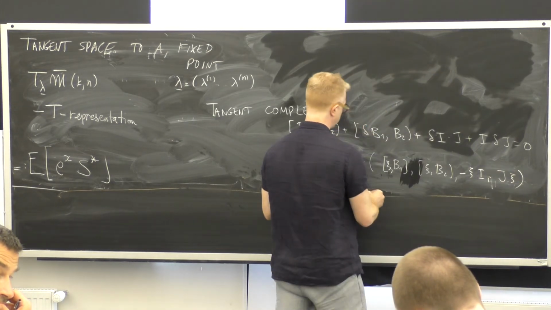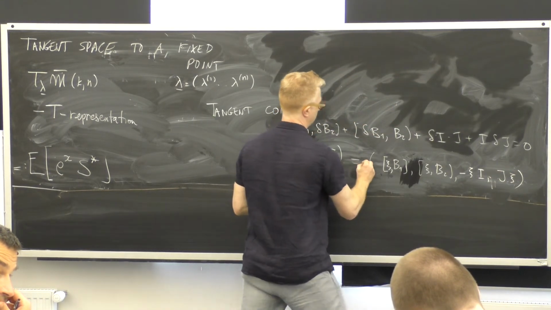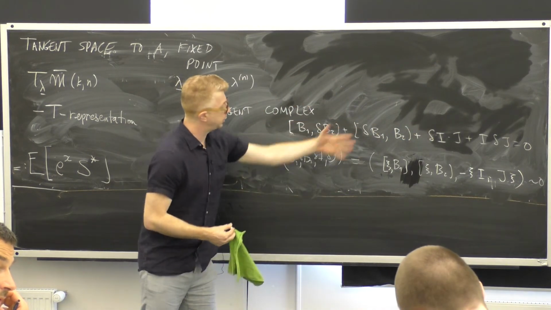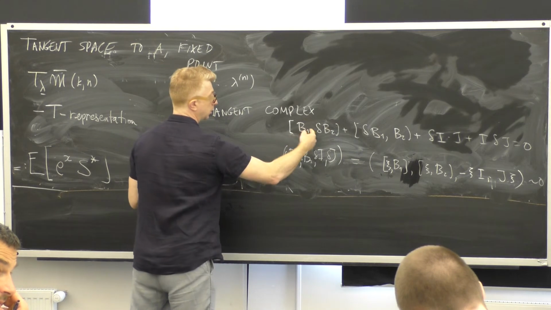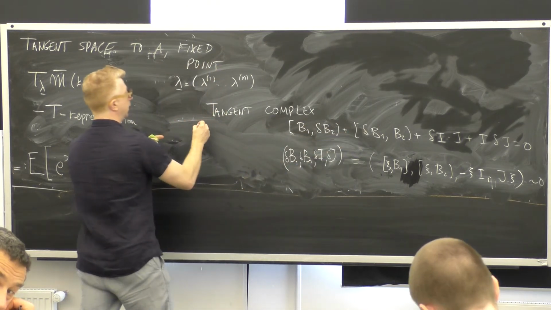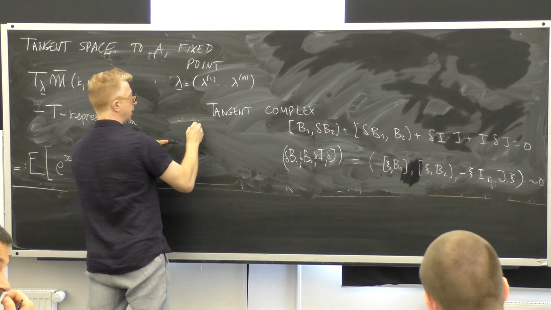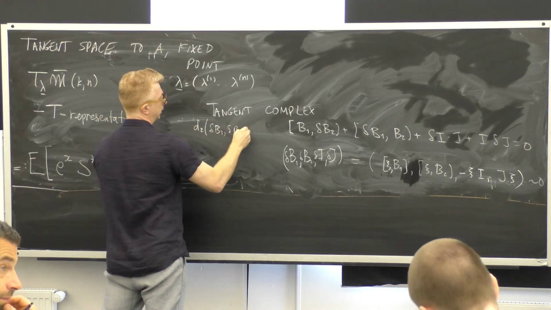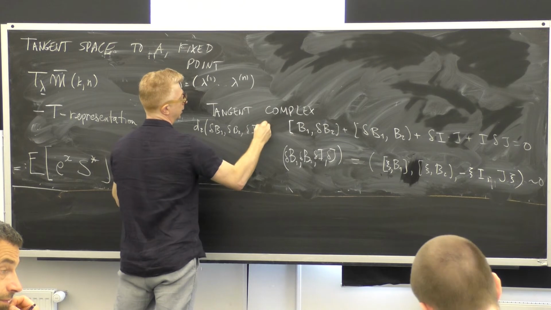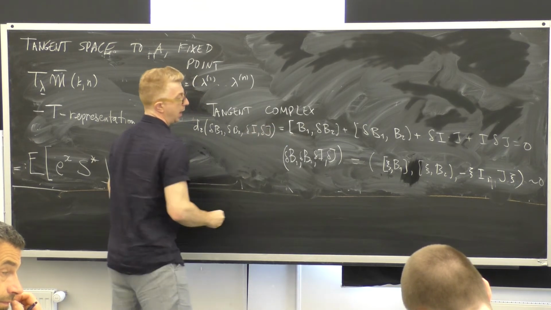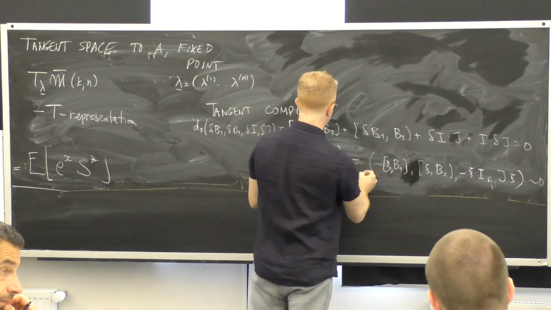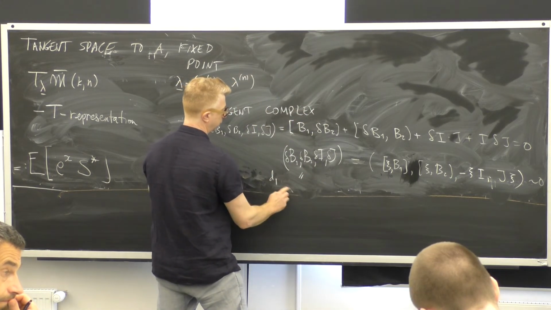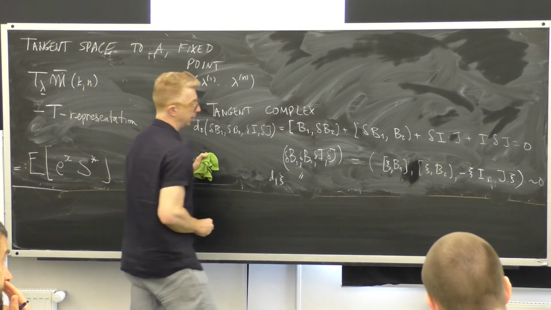We view this as trivial. I can call this object a differential: the second differential applied to the variation delta B1, delta B2, delta I, delta J. And I can call this the first differential applied to Xi.